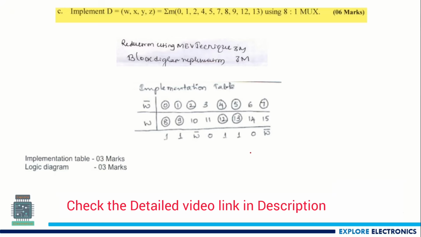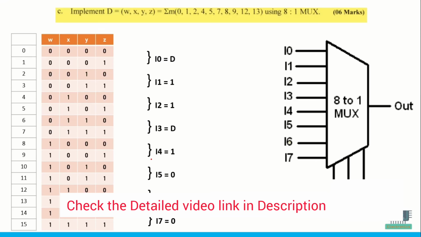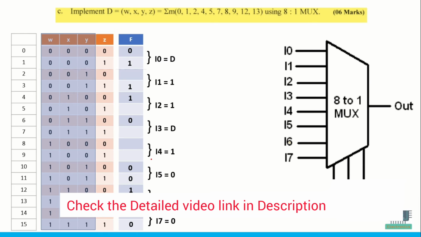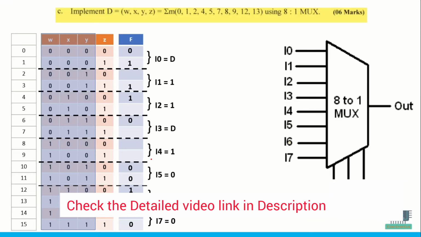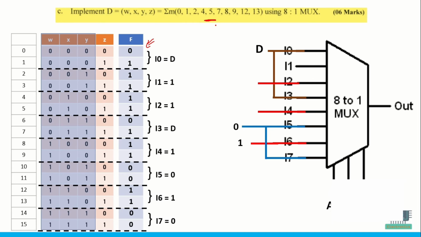Implement the function D = F(W, x, y, z) using an 8:1 mux. Here the implementation table carries 3 marks and the logic diagram carries 3 marks. Here I have given the detailed explanation. Write the truth table and the function, and write the minterms where the function is 1 and the remaining are 0, then fill these with zeros and ones as per the function given.